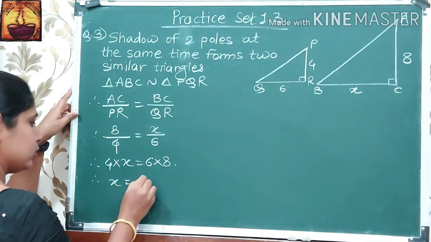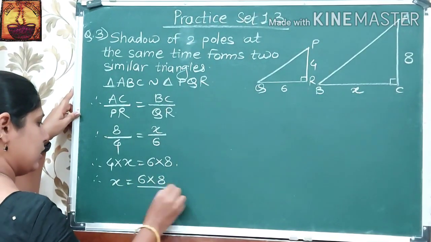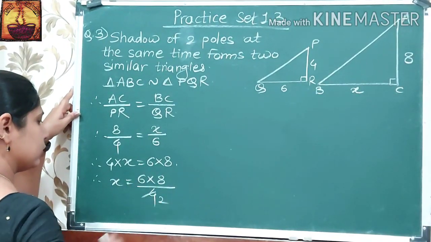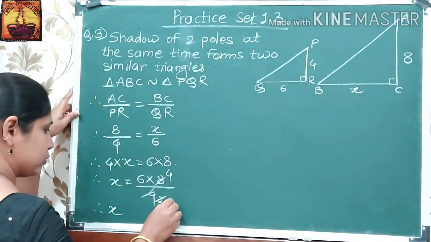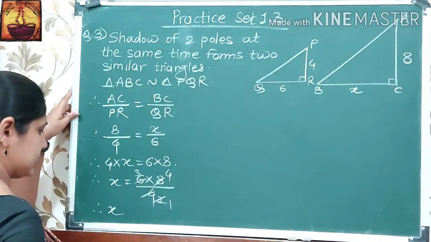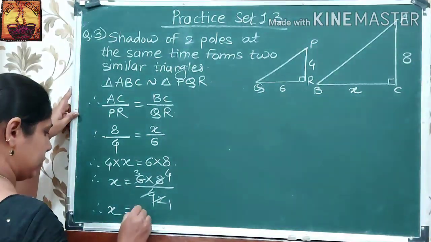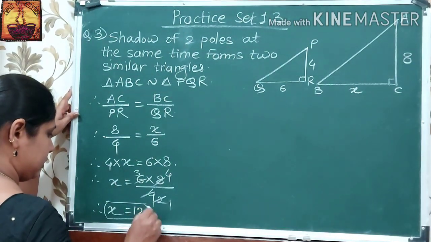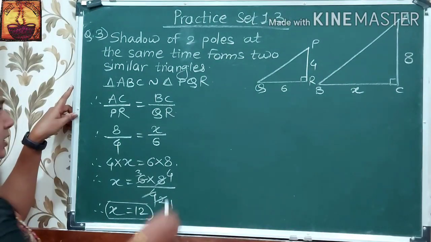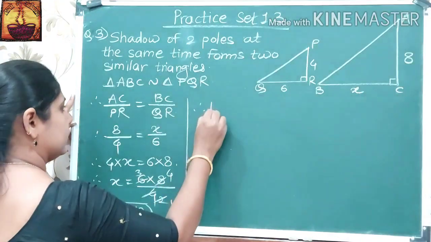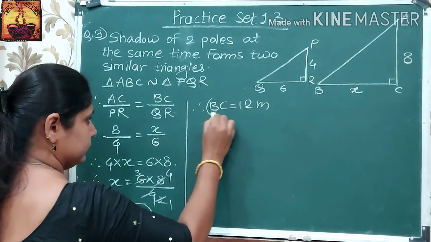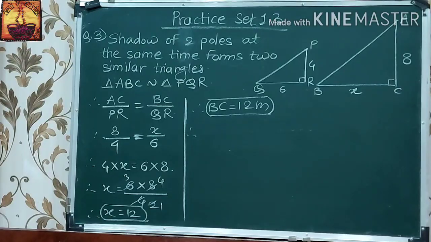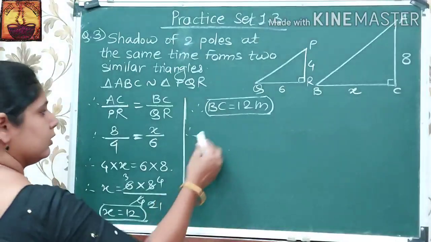Therefore, X is equal to 6 into 8 upon 4. 2 2s are 4, 2 4s are 8. Therefore, X is equal to 2 1s are 2, 2 3s are 6. X is equal to 12. Here, value of BC is 12 meter. BC is equal to 12.